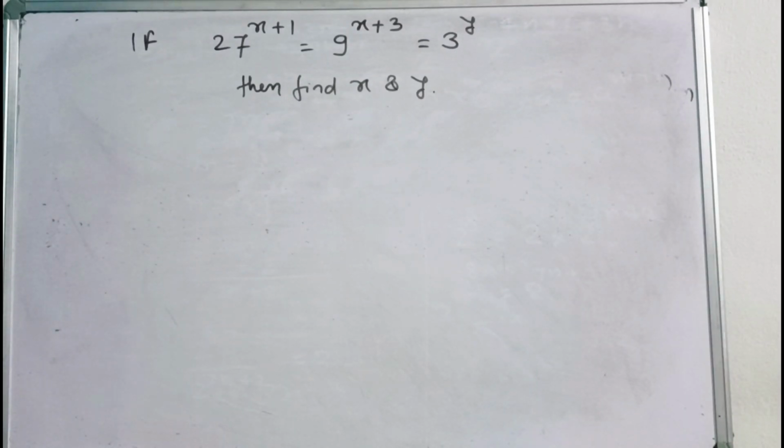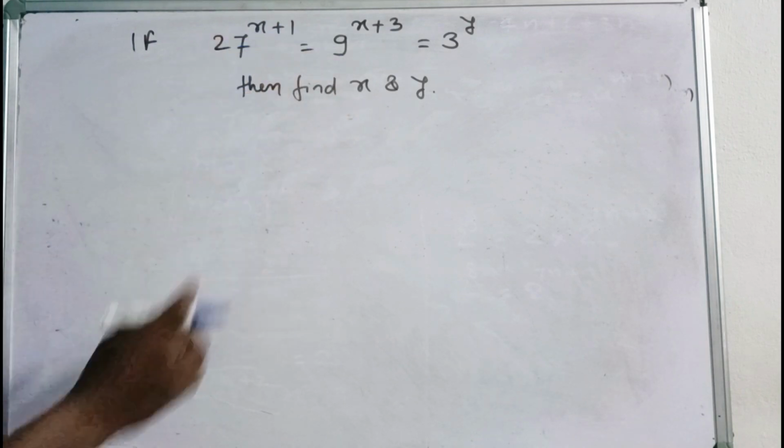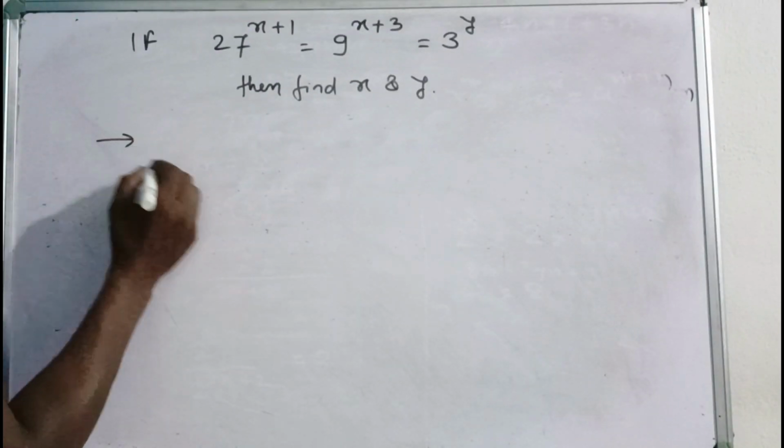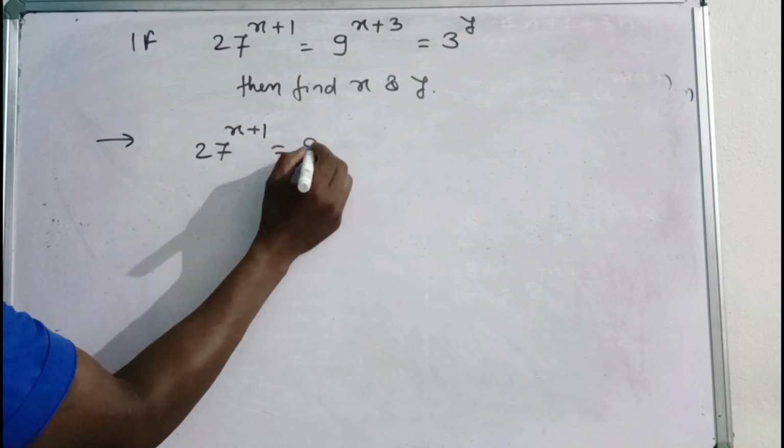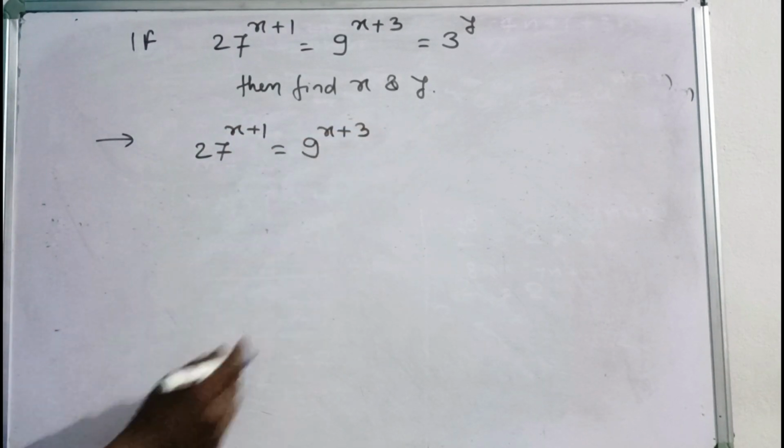Now, in this type of problem, first of all, take 27 raised to the power x plus 1 is equal to 9 raised to the power x plus 3.